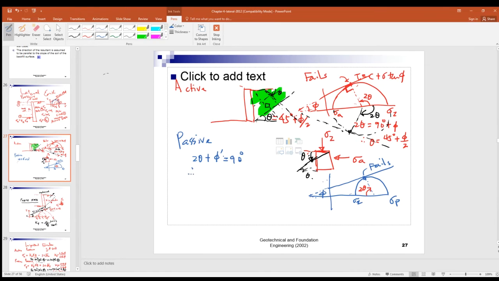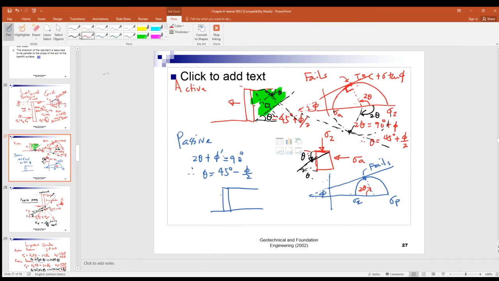Therefore, theta equals to 45 degrees minus phi over 2. In other words, for the passive case, if the wall is here, the wall is moving out to develop the active pressure.